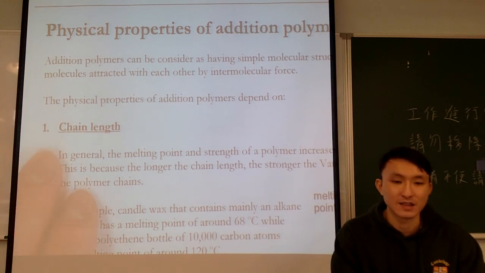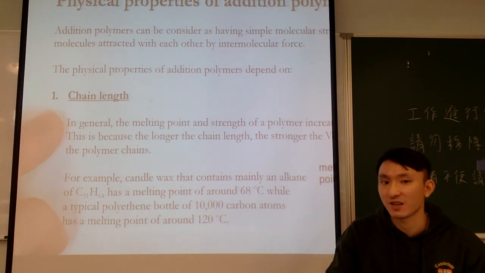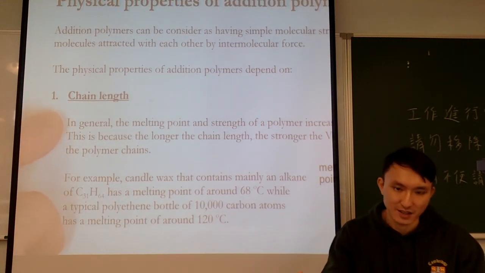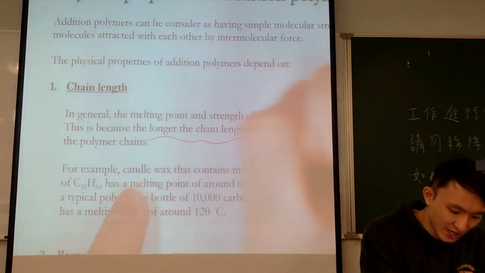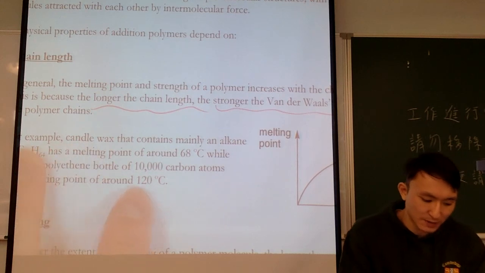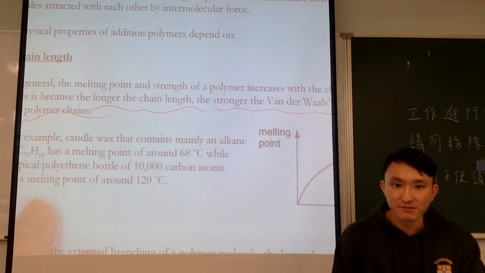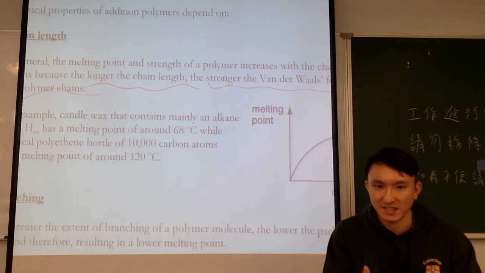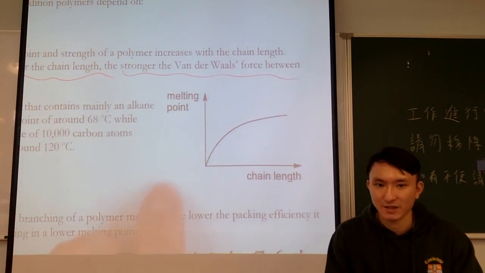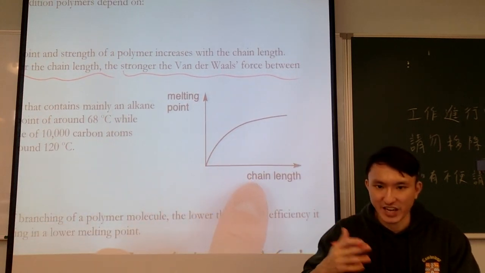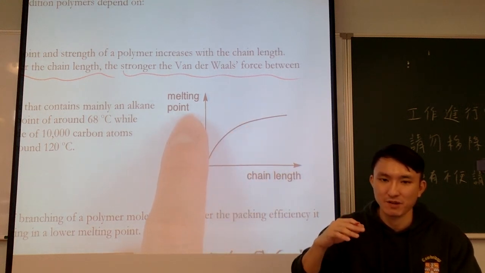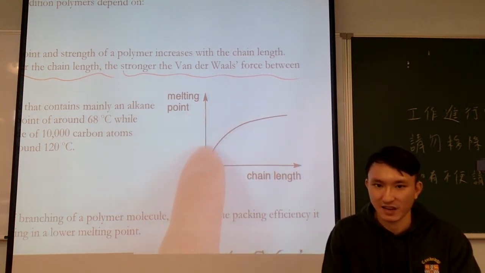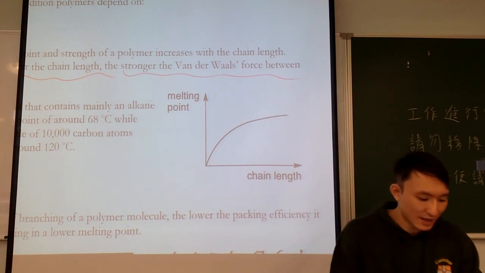The first factor is the chain length, which essentially equals the molecular size. The longer the chain length, the stronger the van der Waals forces between the polymer chains. This is easily understood. But as the chain length increases to a certain point, the increase of melting point is not that significant; it levels off.